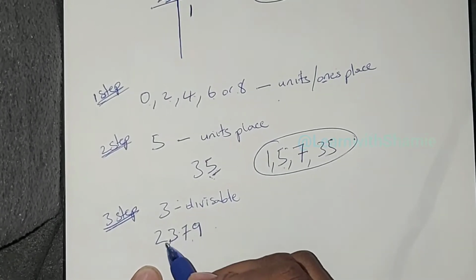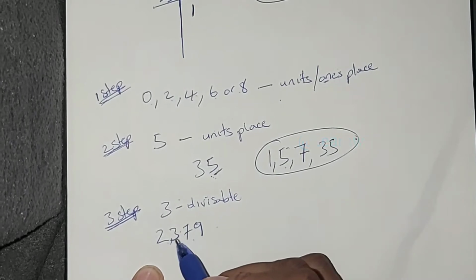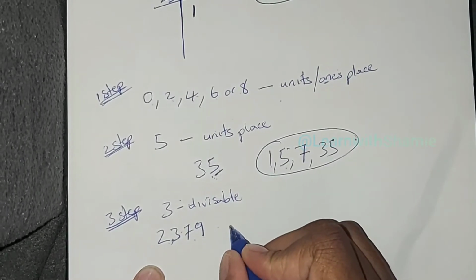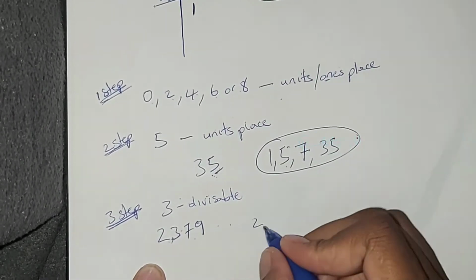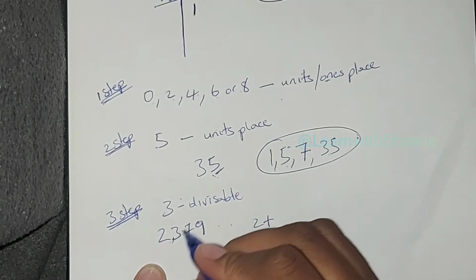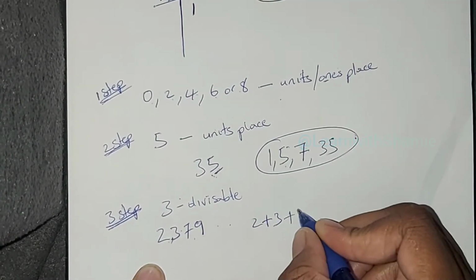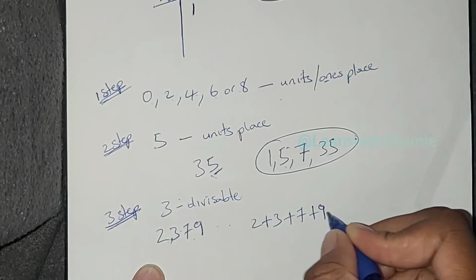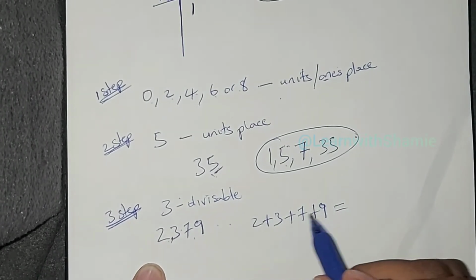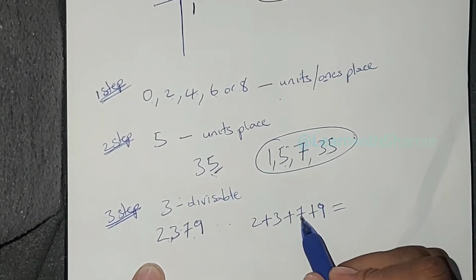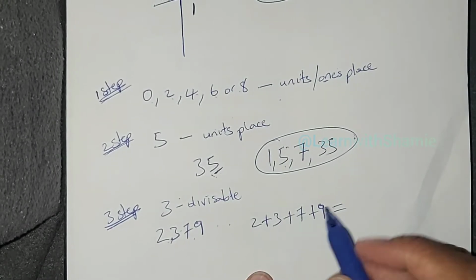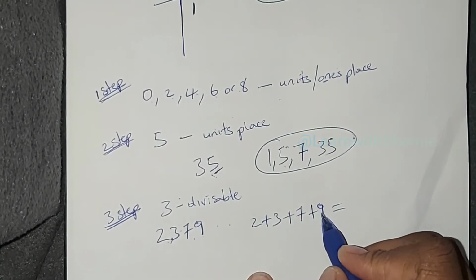Let me show you exactly what I mean. If you add the numbers in the figure, 2 plus 3 plus 7 plus 9, that would be equal to 2 plus 3, 5 plus 7, that's 12, plus 9, that's 21.